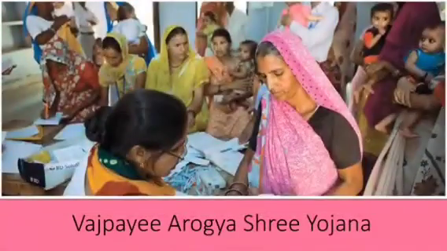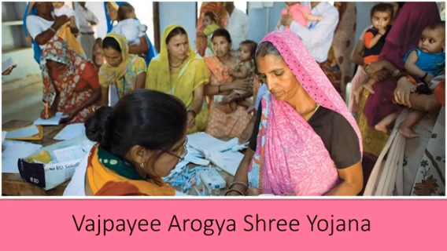The next scheme we are going to learn is the Vajpayee Arogya Shri Yojana. I hope you all know who Vajpayee sir was. Yes, who was he? He was the Prime Minister of India. He had introduced an Arogya Shri Yojana, that means a health scheme. He felt that there are so many people in the rural areas who do not have enough money to pay for the treatment of their sickness.